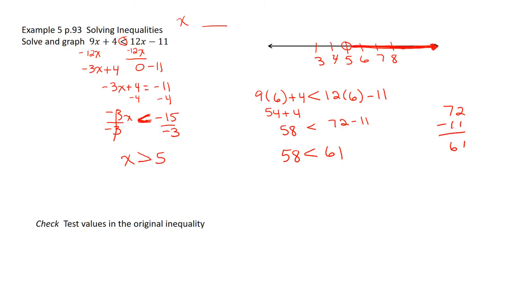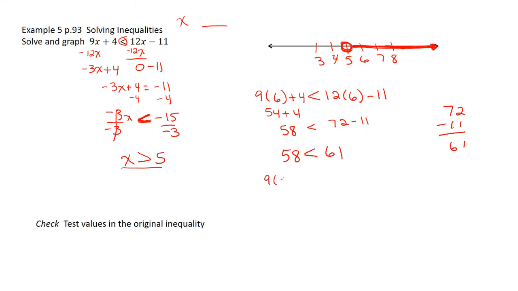But we have two other situations that we want to check for. The next situation is, what about when x equals 5? It's not supposed to be true because it says that x is greater than 5, but let's check to see what happens when x is actually equal to 5.